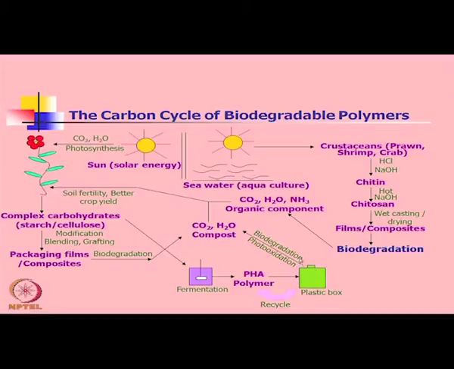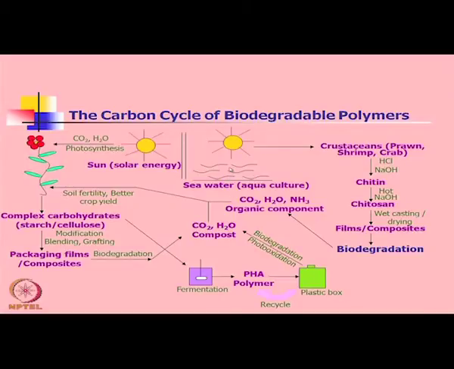After that, these materials, being made of carbon, hydrogen, oxygen, are degradable by microorganisms, biodegradation, or they can also be degraded by sunlight, by the action of the ultraviolet component of sunlight, and that will also produce carbon dioxide, water and some compost materials.